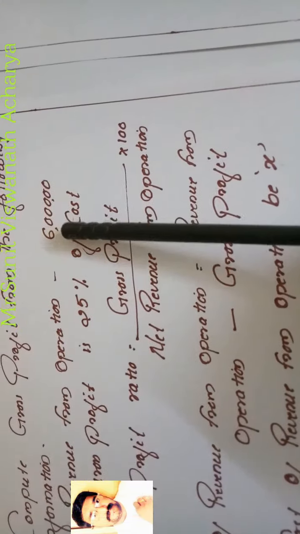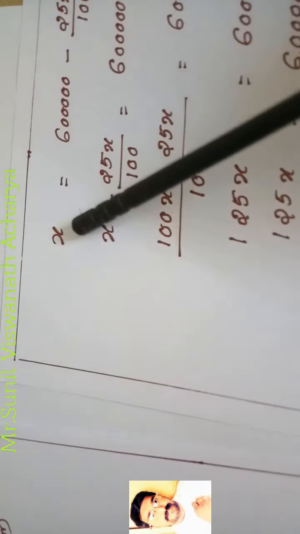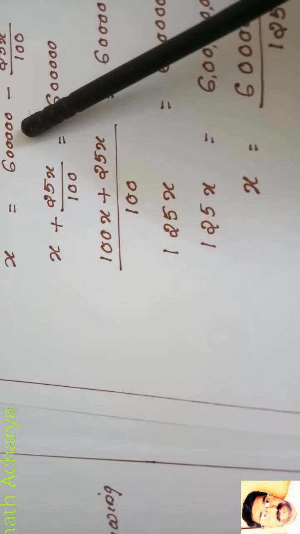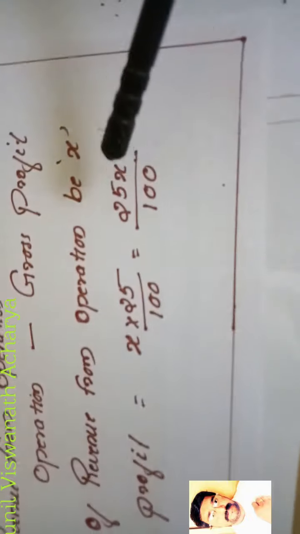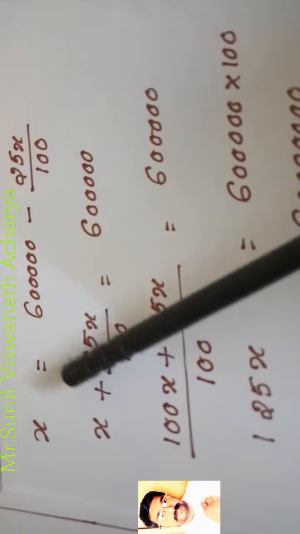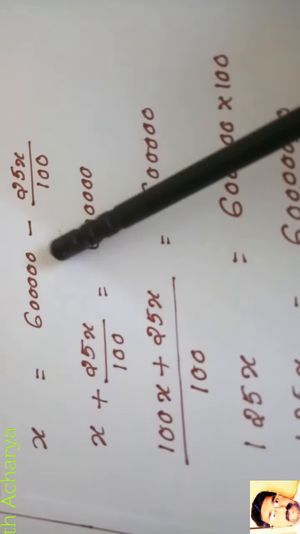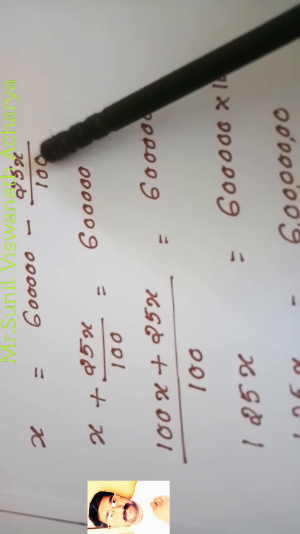Revenue from operation given in the question is 6 lakh. So cost of revenue from operation, taken as X, is equal to 6 lakh minus gross profit. Gross profit we already calculated as 25x by 100. So X is equal to 6 lakh minus 25x by 100.